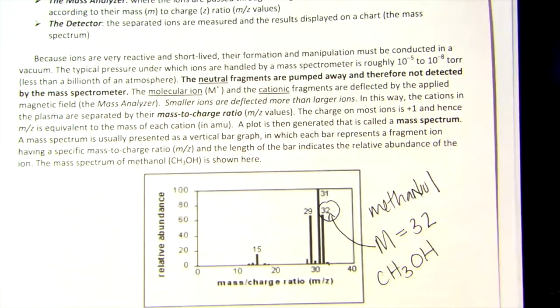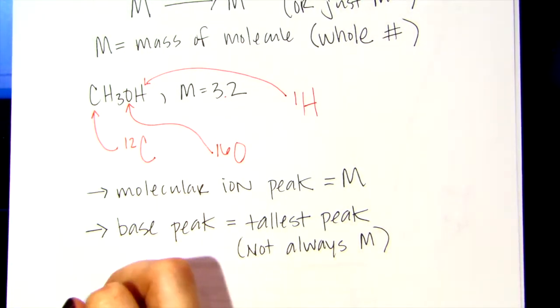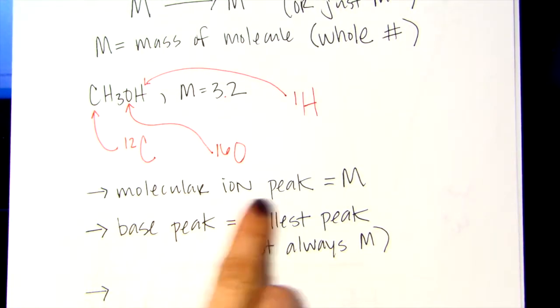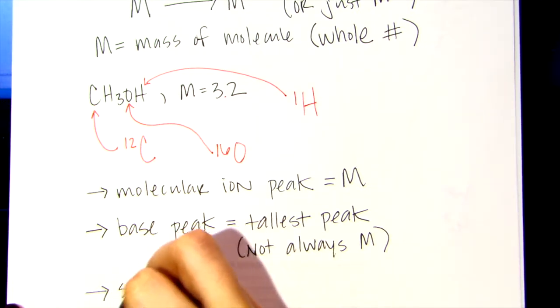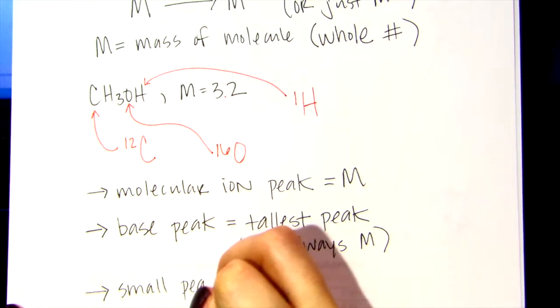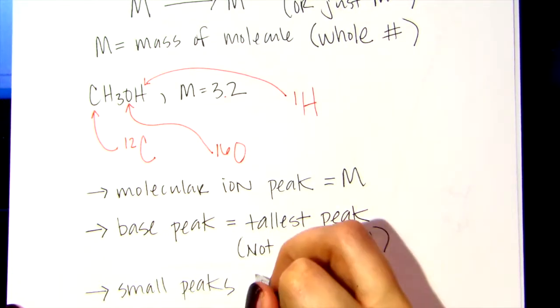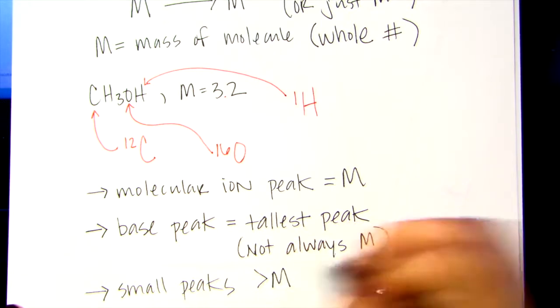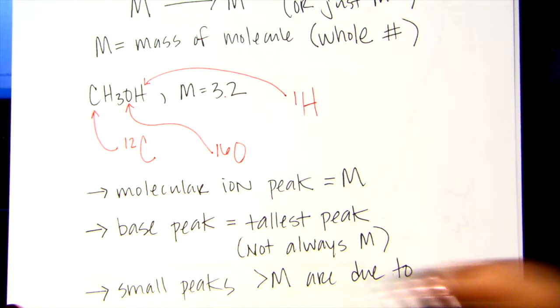And so then it's left with a mass of 31 when it hit the detector, okay? And then sometimes you'll see small peaks that are greater than the mass. Sometimes you'll see very tiny peaks, or depending on what your composition is, it might be bigger. But the small peaks that are greater than M are due to the less common isotopes.